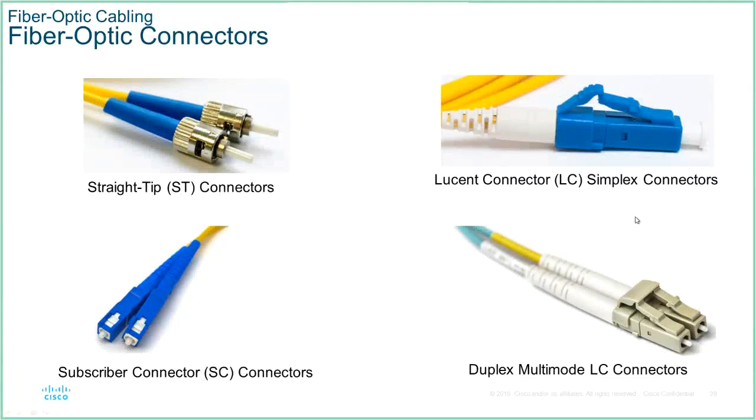The Lucent and multi-mode Lucent connectors have the plastic lip, the tongue, pretty much like the category 5 ones. So the normal network cables you're used to have that little tongue on it that you push in and it goes click. Same with the Lucent LC connectors.